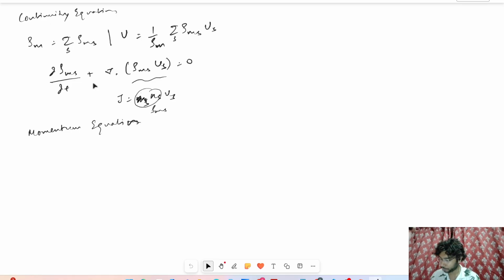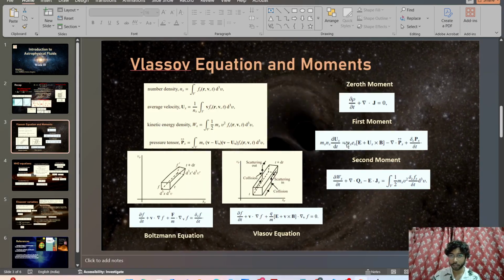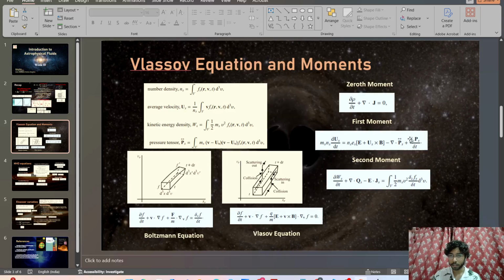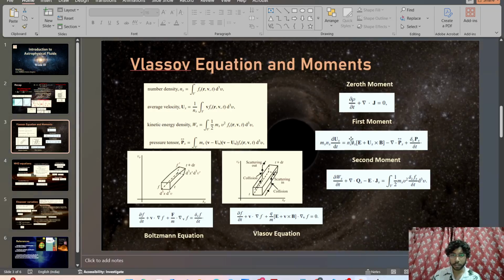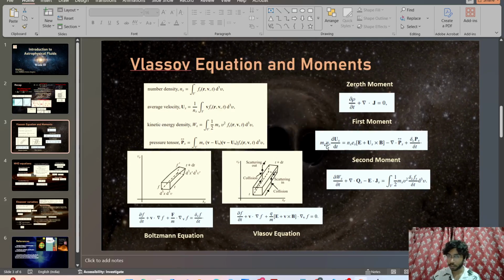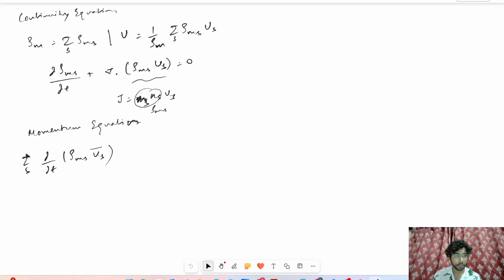Momentum equation. What we'll do is sum over all the species, starting with this first equation and trying to derive the momentum equation from here. For example, the first term is m_s n_s, which is rho_s, times u_s.